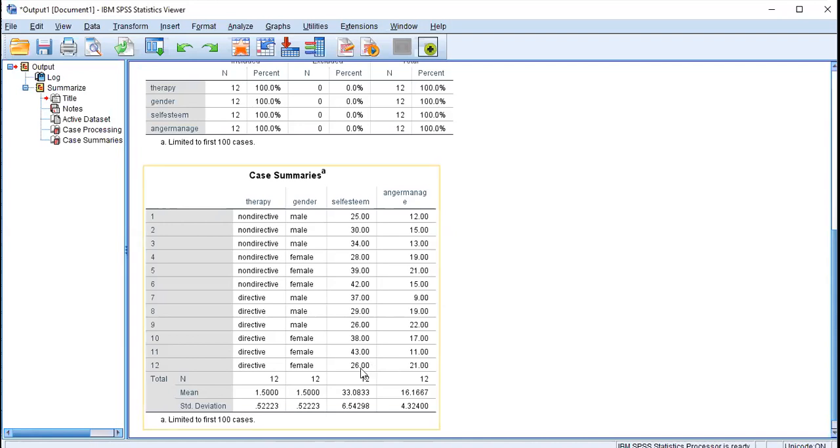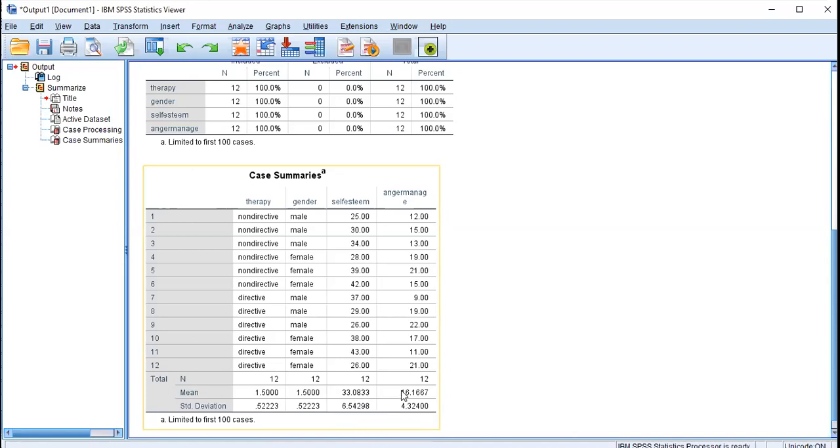So we will not be taking care of means in the case of therapy and gender, which are nominal or category variables. But in the case of self-esteem and anger manage, look at the value of mean: it's 33 point something, and standard deviation is 6.54. So the standard deviation is contributing about 20% of the mean.